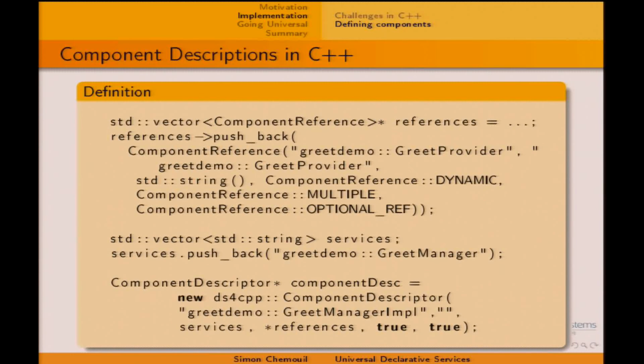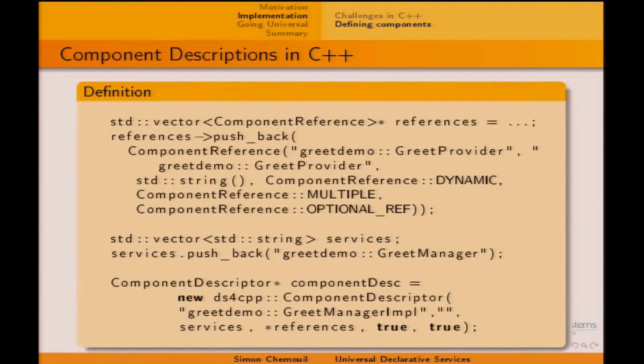I don't know if everyone can see, but I say, these are my references. Look at the first reference, I only have one. It says, I want a greeting provider, and that's the name of my service. And I want it to be dynamic. I want the references to be multiple and optional, so that's 0 to n. And I don't have a target, so I say any service will be fine. I don't want to have a filter on these services.